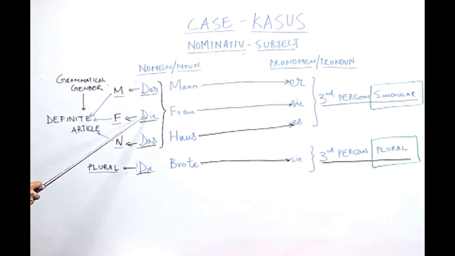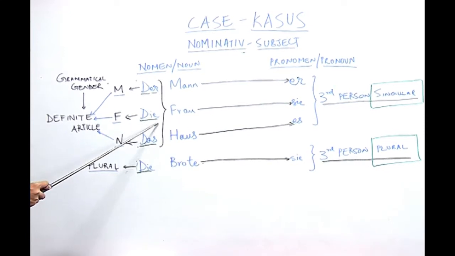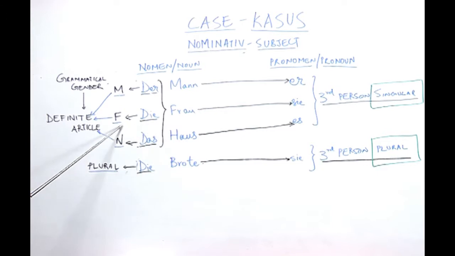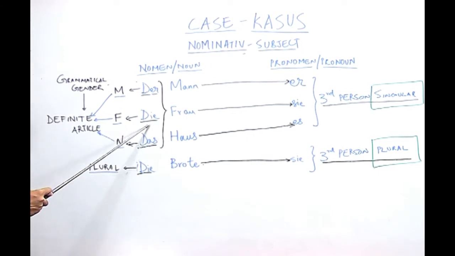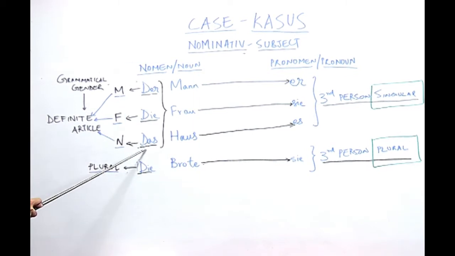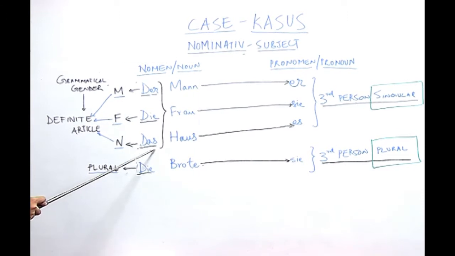And likewise, this word die, which is the marker for the feminine gender, is pronounced as die, and this word das is the marker for neutral gender, and it is pronounced as das.